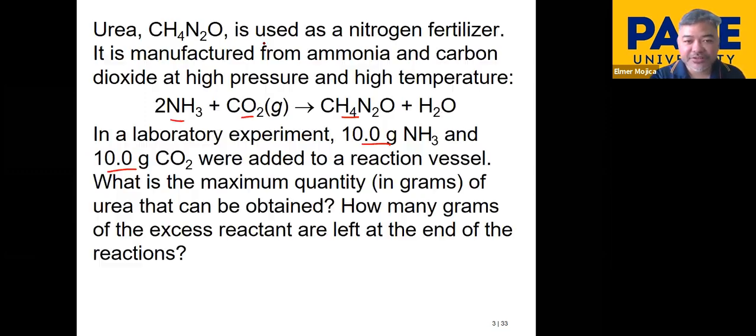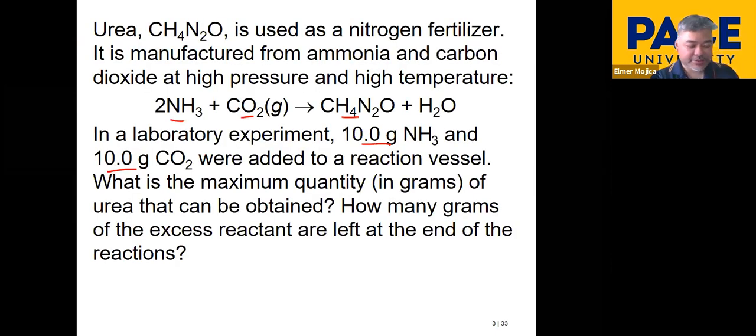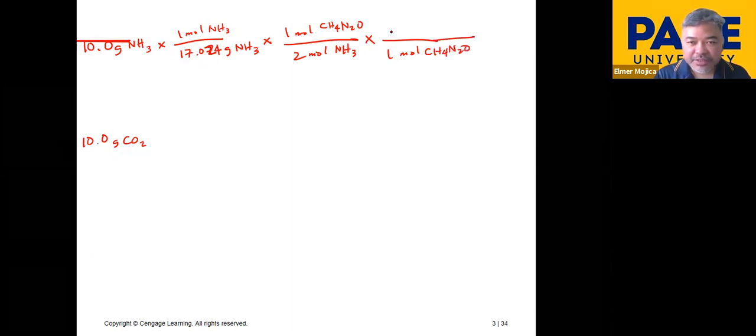Then based on the reaction, for every 2 moles of ammonia, I have 1 mole of urea. And for every 1 mole of urea, the corresponding molar mass is given as 60.06 grams, CH4N2O. So I can determine here the grams of CH4N2O that I have.